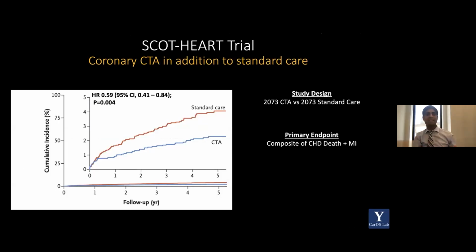And before I miss anything, I do want to mention a second trial that is important in this discussion and does come up in the end when we discuss validation of our tools, the SCOT-HEART trial. This is not a trial of anatomical versus functional testing, which the PROMISE trial tested. SCOT-HEART instead focuses on using anatomical testing as an adjunct to standard care.